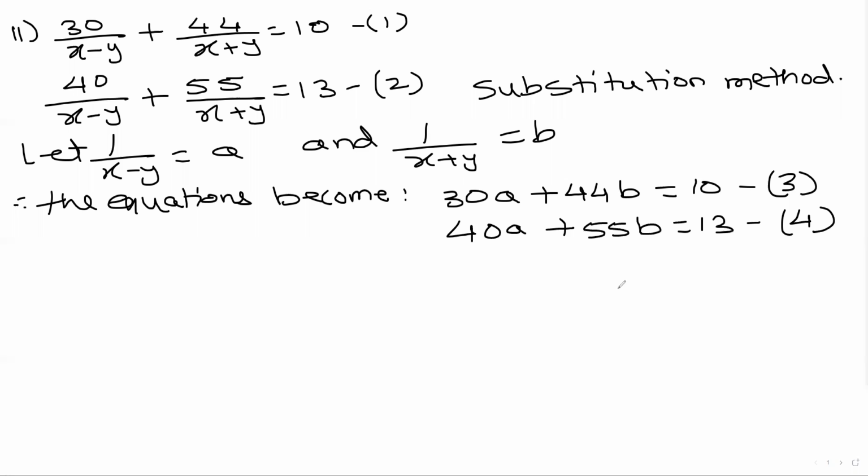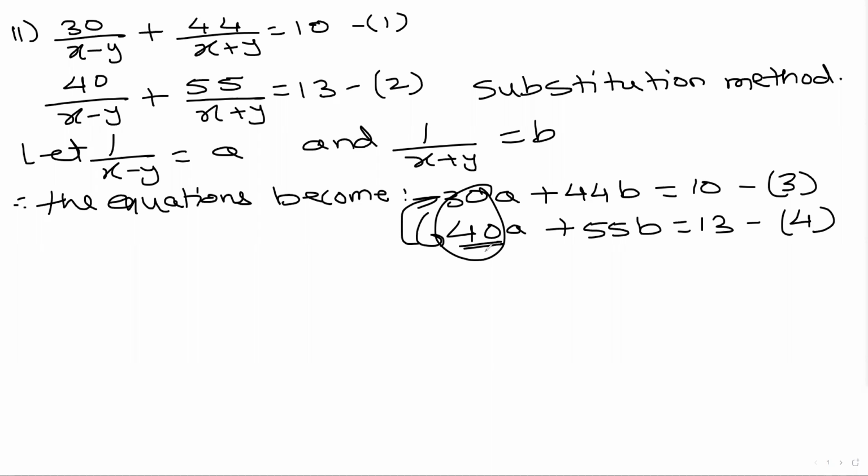Now what to do? Again, you have to use elimination by equating the coefficients. It is again easier to equate this, the same way. So what is the LCM of 30 and 40? 120. The common practice is, we look at this number and say, let's multiply this by 40 and that by 30.